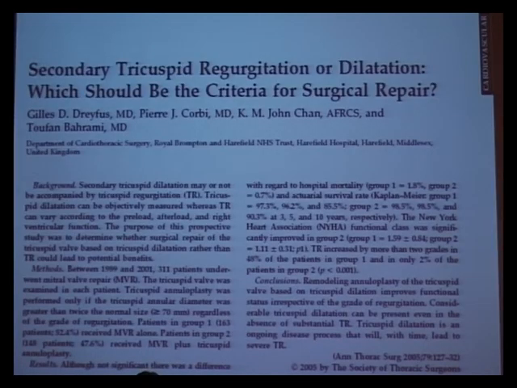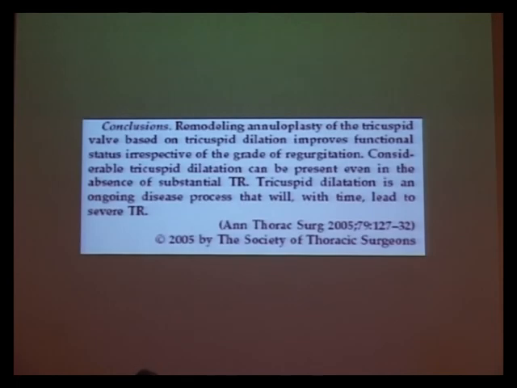Again, the paper coming from Dreyfus is an observational paper. It's not a randomized trial. Again, it's around only 300 patients in 10 or more than 10 years, and the conclusion is again too strong for such a paper.